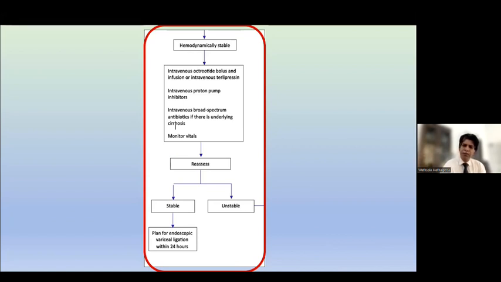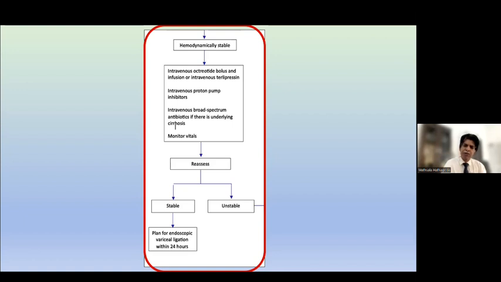You can give octreotide as a bolus and an infusion, or you can use intravenous terlipressin as a bolus or as an infusion. In addition, you need to start patients with acute hematemesis on intravenous proton pump inhibitors, and if you have chronic liver disease, it is better to start an intravenous broad spectrum antibiotic for infections, and then you keep on monitoring vitals.